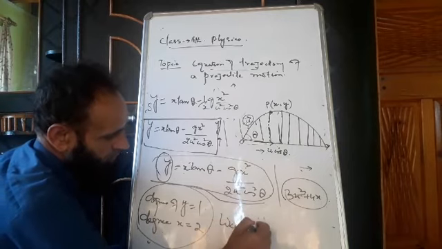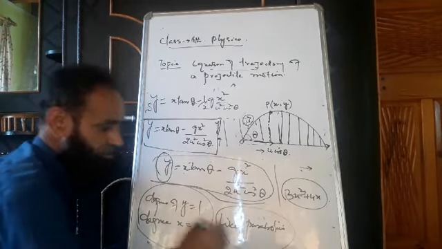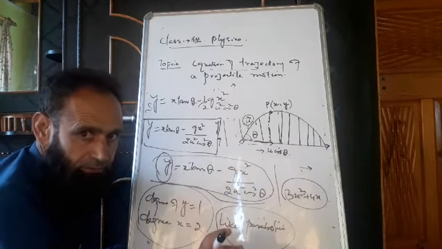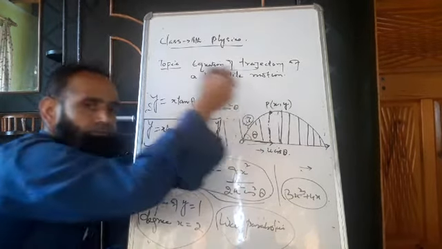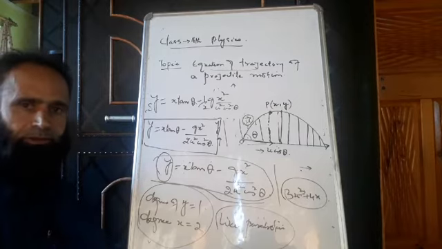If the equation is first degree in y and second degree in x, its graph would be parabolic. We have done it in our 10th class.